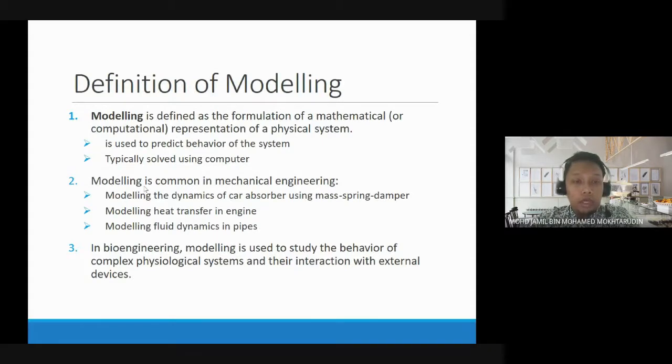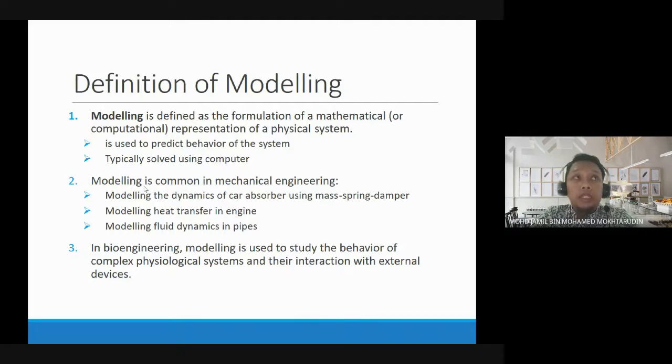Okay, so let's define what is modeling. Modeling is defined as the formulation of a mathematical representation of a physical system. For example, let's say the simplest mathematical model is Newton's law.